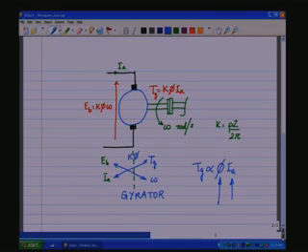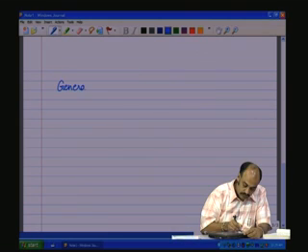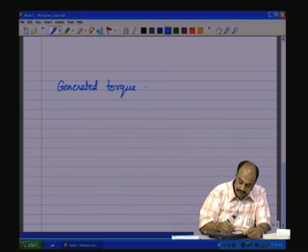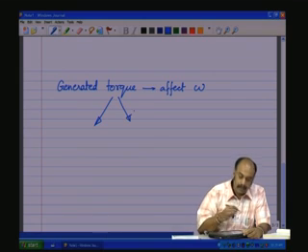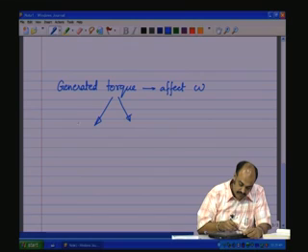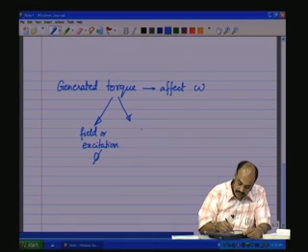So, the generated torque, which in turn is going to affect the speed of rotation, is affected by two main variables: the field or excitation phi, and the other variable, the armature current IA.